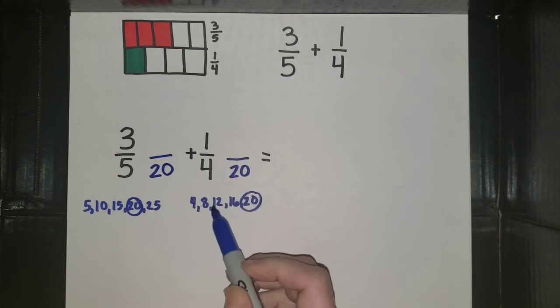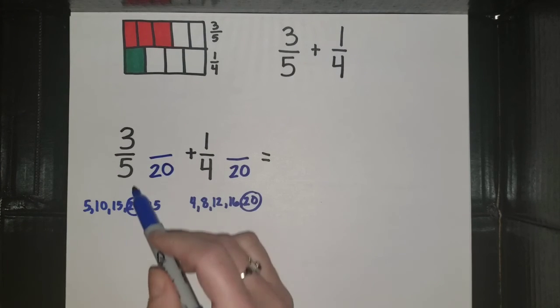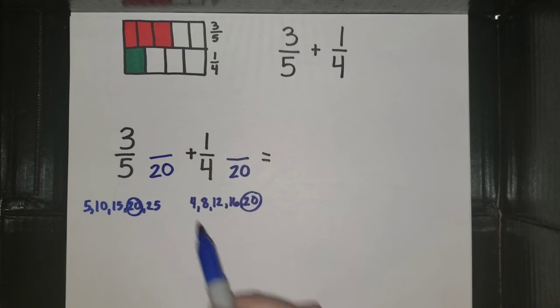And just like we did before, think about what you multiply, come up with your new numerators, add, and then see if you can simplify. Pause the video now and continue your work.